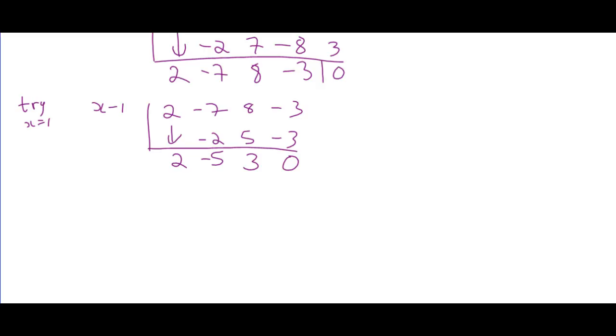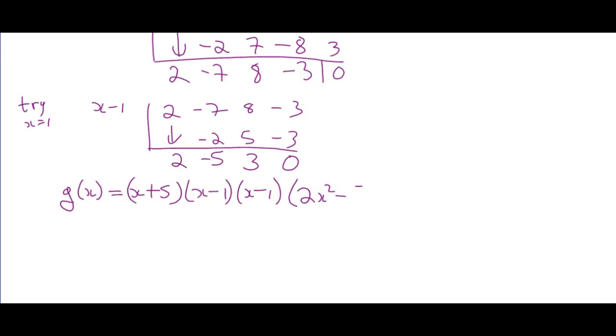So we could say, okay, g of x is equal to x plus 5, x minus 1, x minus 1, and then this, which is 2x squared minus 5x plus 3. Now, that probably factors, right? Actually, we know it factors because we saw the other roots.